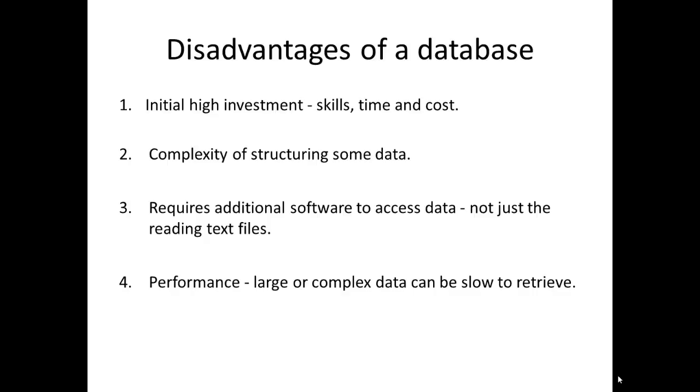Performance. Well-tuned databases can be extremely efficient at extracting data out of the database system. However, with very large data, going back to our round peg square hole, certain database systems and models are specifically tuned for dealing with high volumes of data.